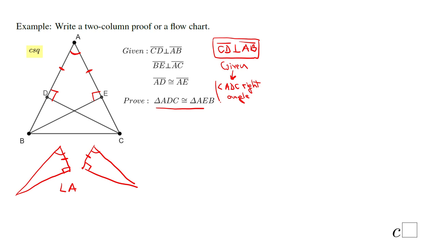And the reason: definition of perpendicular lines. From this, since we have a right angle, we can say triangle ADC is a right triangle. So we really want to mention this in the proof. Right triangle. And the reason is very simple. This is the definition of a right triangle. It has a right angle.